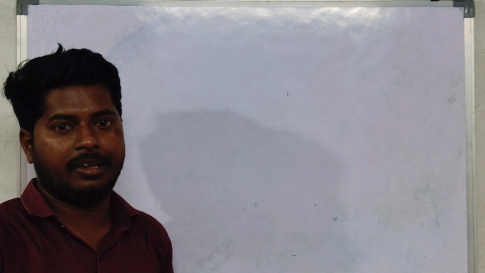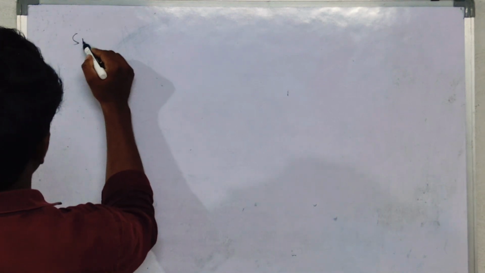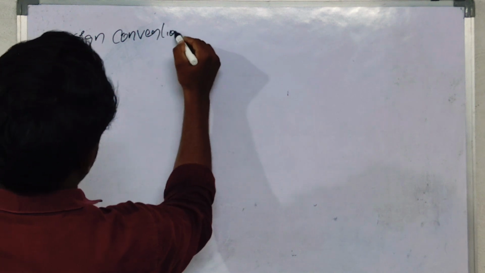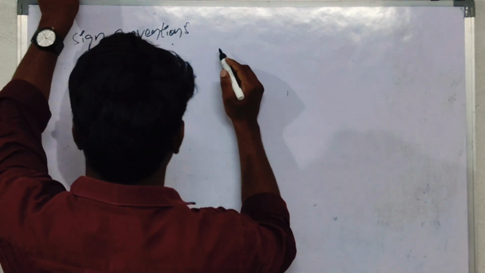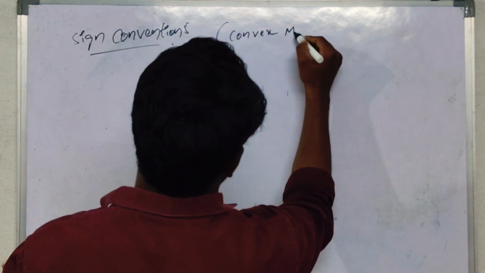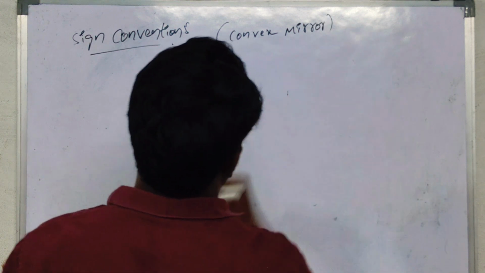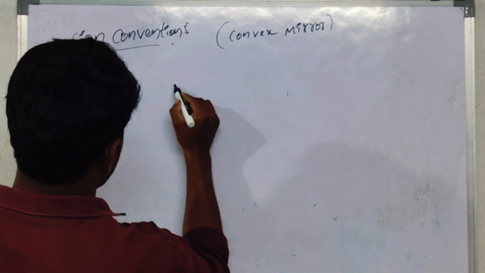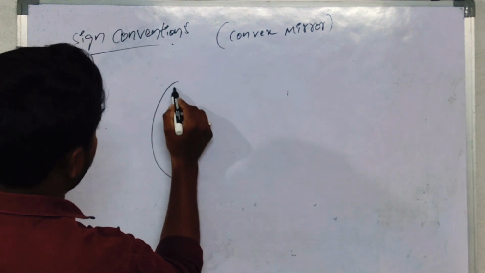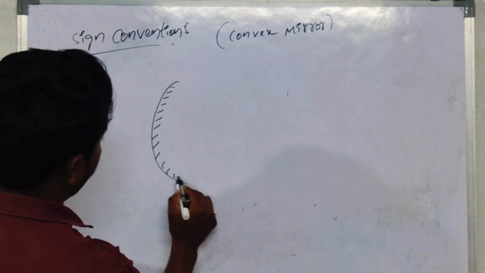Let me draw a convex mirror and we will see sign conventions for the convex mirror. A convex mirror has a curved outward reflecting surface, so oblique lines are taken inside of the mirror.